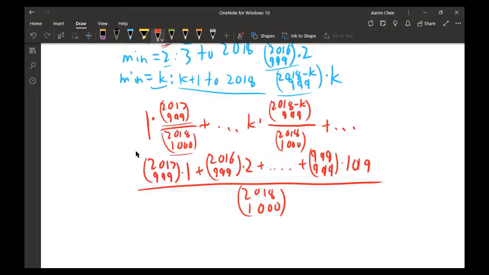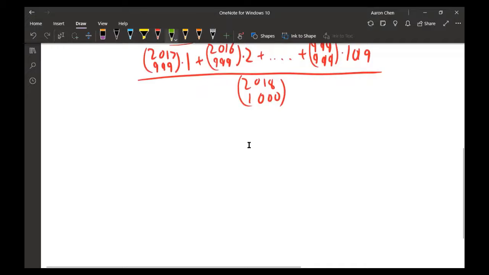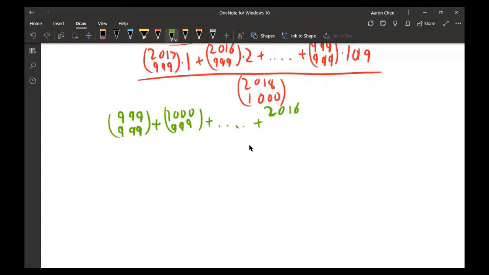And so the numerator here is equal to, so we can think of it like this. So 999 choose 999, plus 1000 choose 999, plus all the way to 2016 choose 999, plus 2017 choose 999.